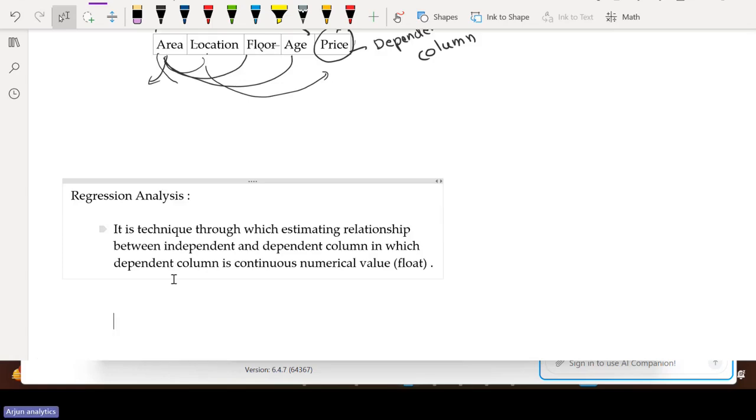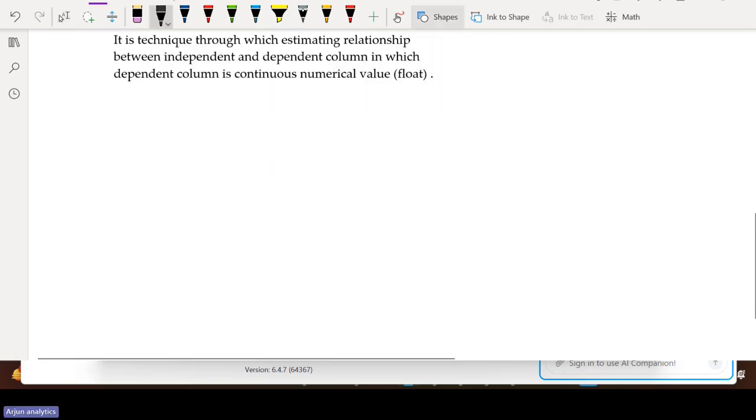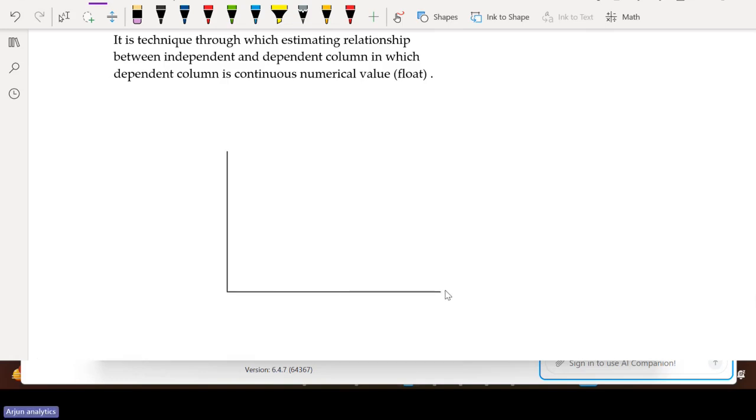Now understand this. We will do it something like this. See, this is my graph. Let's take it.